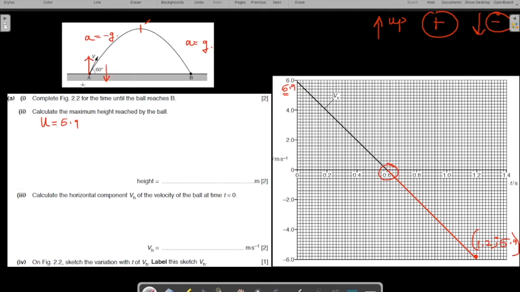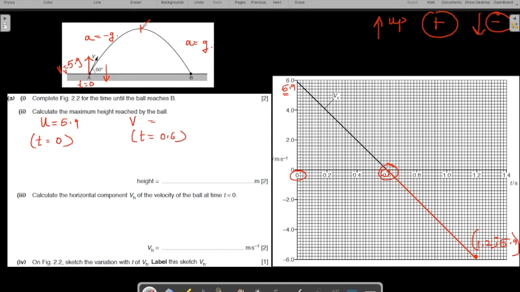Initial value at time t equal to 0, v is 5.9. And finally, at time t equal to 0.6, at a later point of time, what is the vertical component?